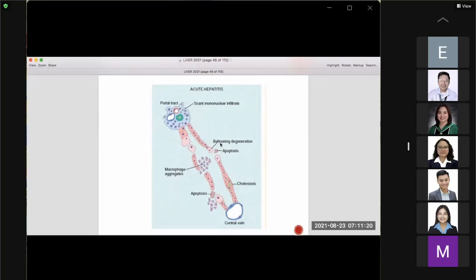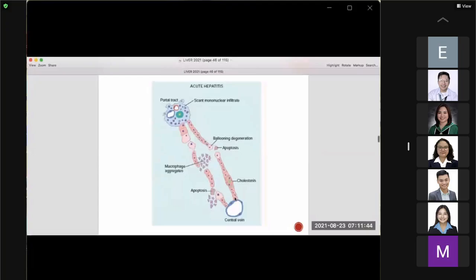We get to observe ballooning degeneration, enlargement of the hepatocytes. There is aggregation of macrophages. We can see presence of apoptosis as well as cholestasis. We get to see bile in the biopsy specimen.